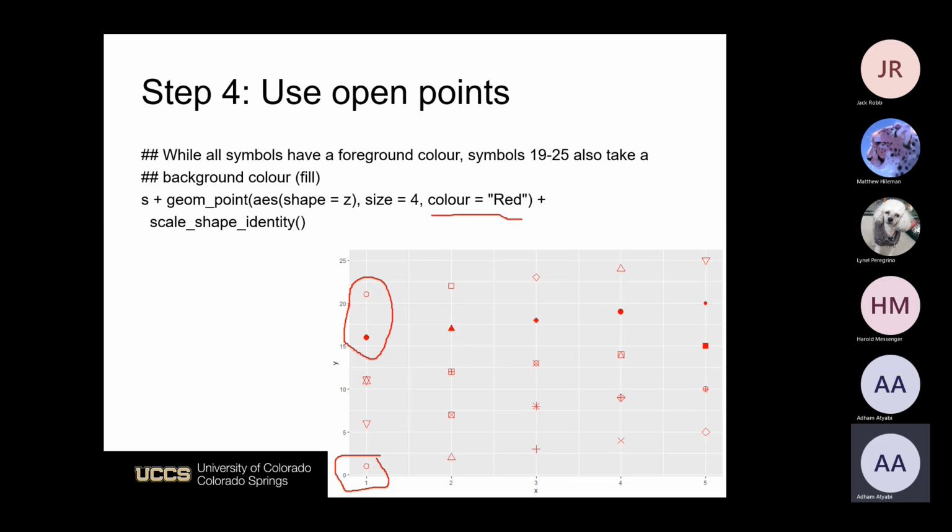Remember, if the option or the parameter that you want to set, you're setting it with a single, fixed value, then you cannot set this in aesthetic. The example of that is setting size to 4 and color to red. Color is going to be red for all the shapes, and size is going to be 4 for all the shapes.